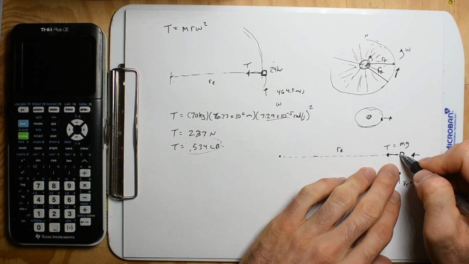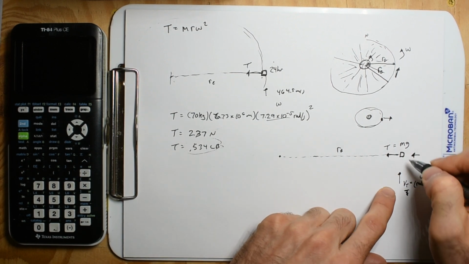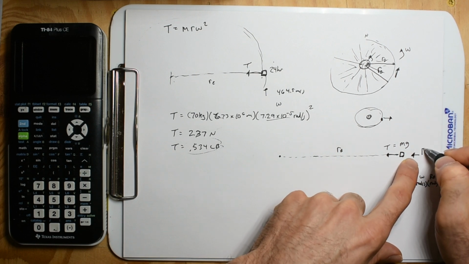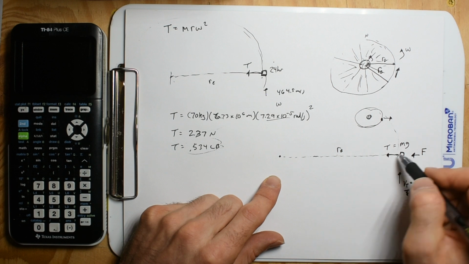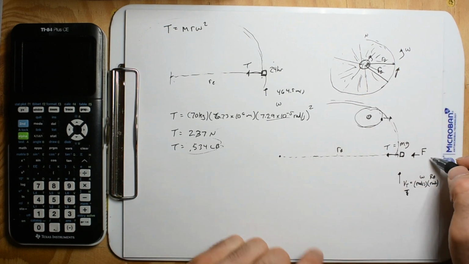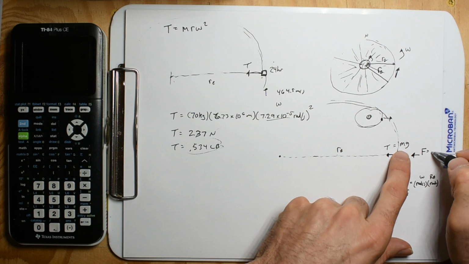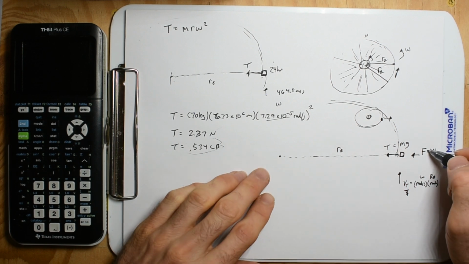If this mass comes in with this velocity, what force is needed on this mass, with this radius big, to keep you on this ride? That force is basically mg. So that's what we're going to find.